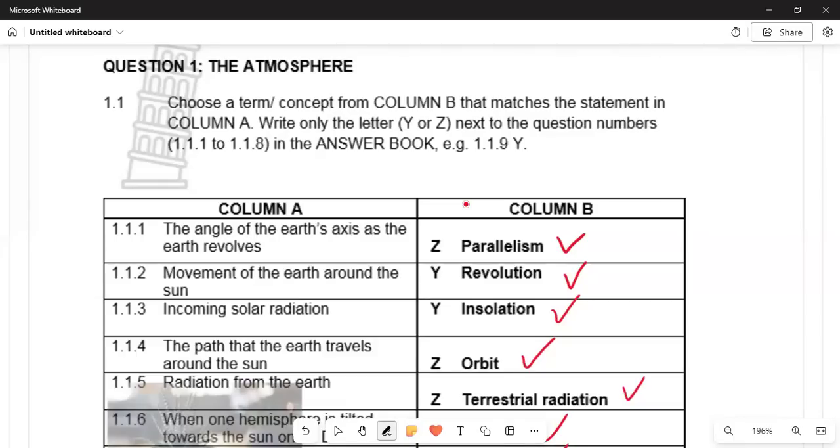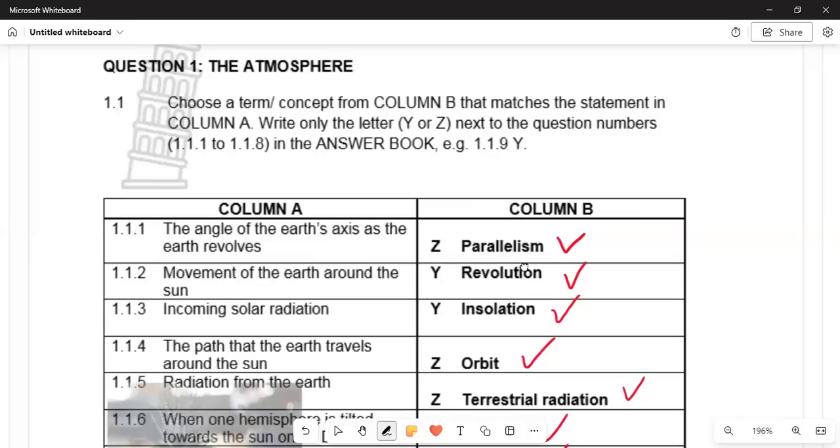Then the incoming solar radiation is called insolation. In 1.1.4, the path that the Earth travels around the Sun is called the orbit.